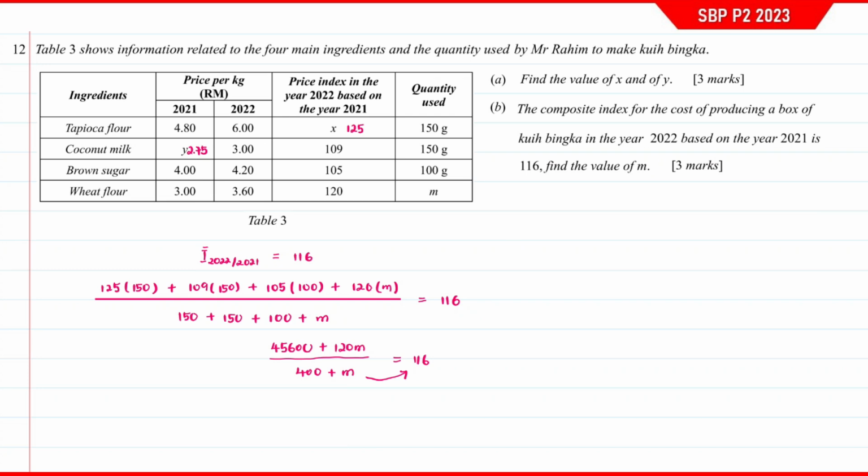So we're going to get 116 times 400, which is 46400, plus 116 times M, which is 116 M. So 120 M minus 116 M, this is equal to 4M. And 46400 minus 45600, this is equal to 800. Then M is equal to 200.